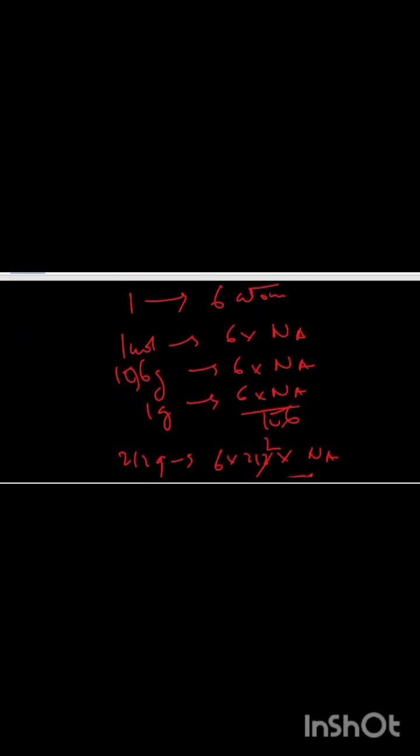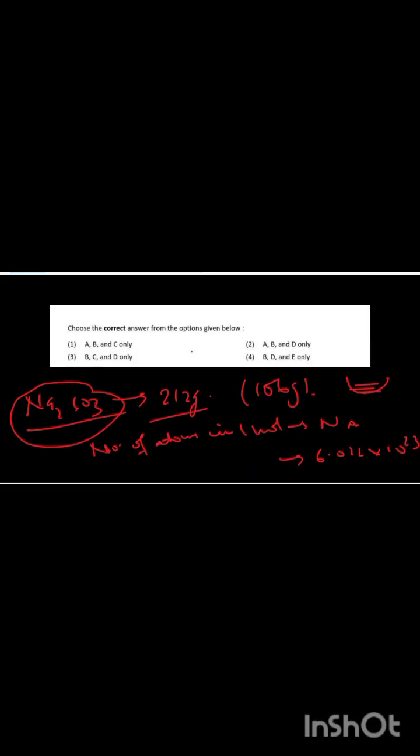Then here it is 248. 62 how many times is 248? I think 4 times. That is 12 into Avogadro number. A is 12 into Avogadro number, B was also 12 into Avogadro number. So A and B.